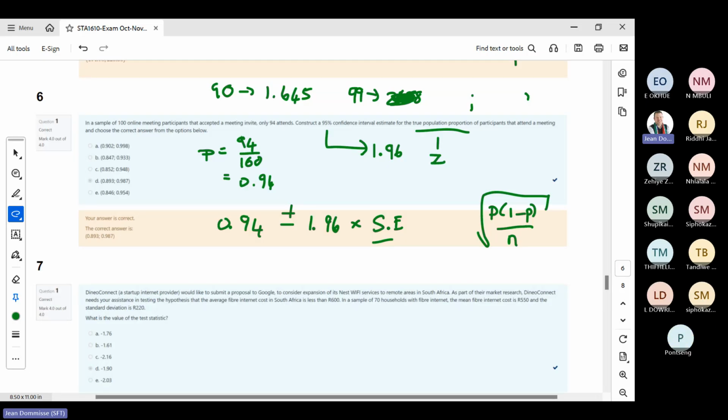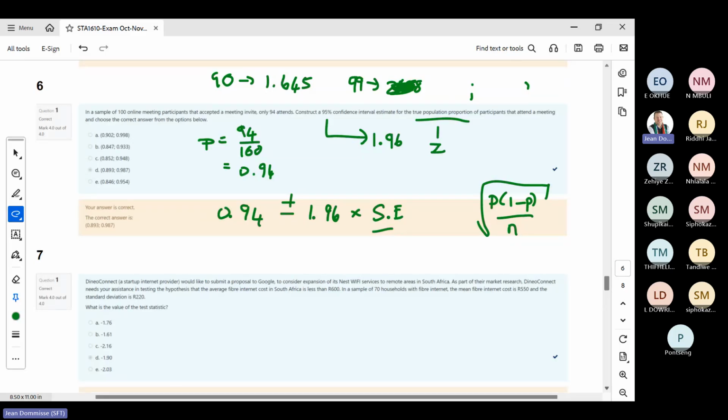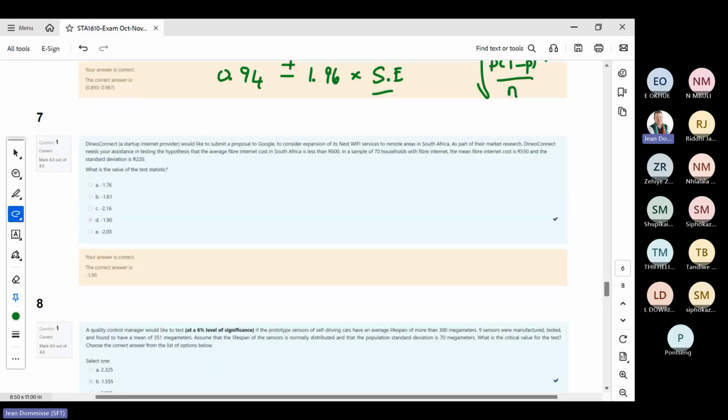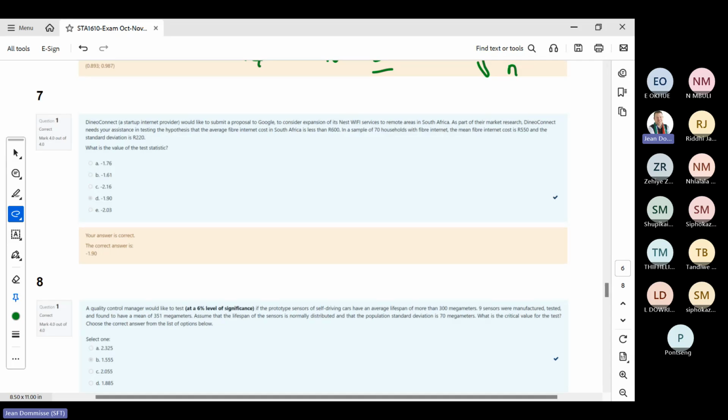Okay, so that is the confidence intervals of your Z or T with a mean and your proportion. Then after that, normally you go into hypothesis testing. But yeah, so this one, they ask a bit differently.